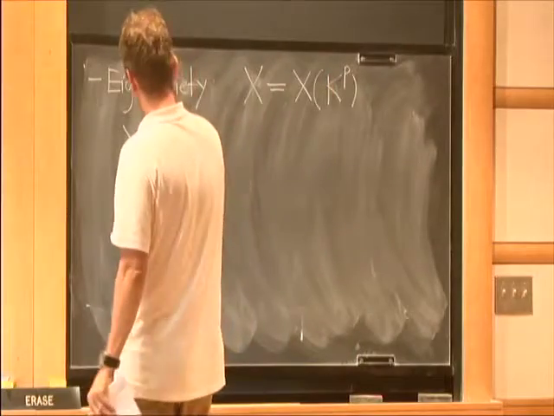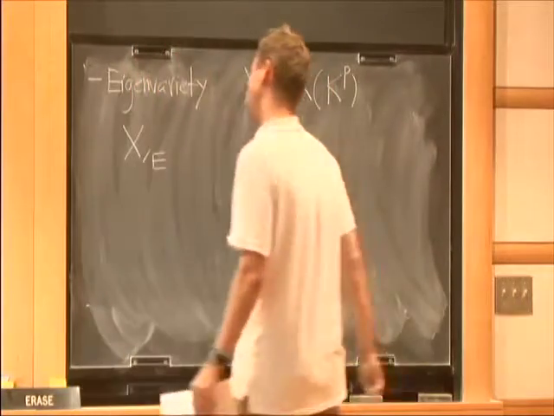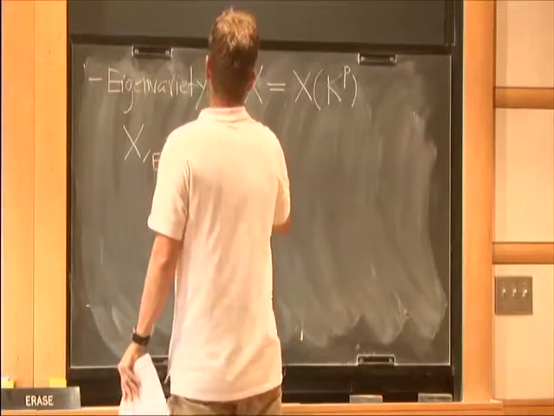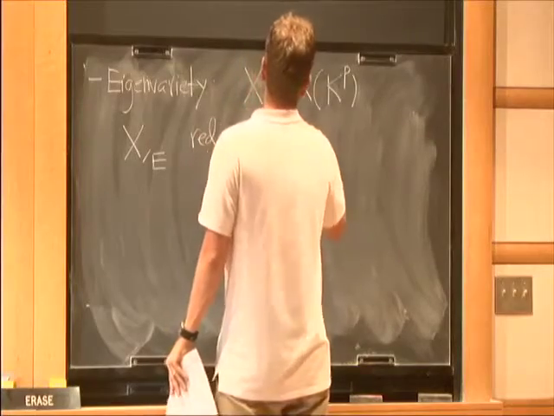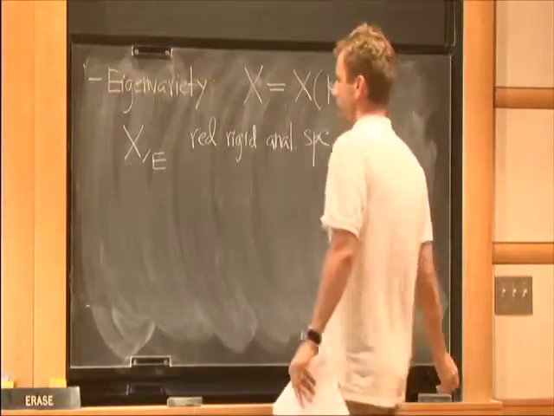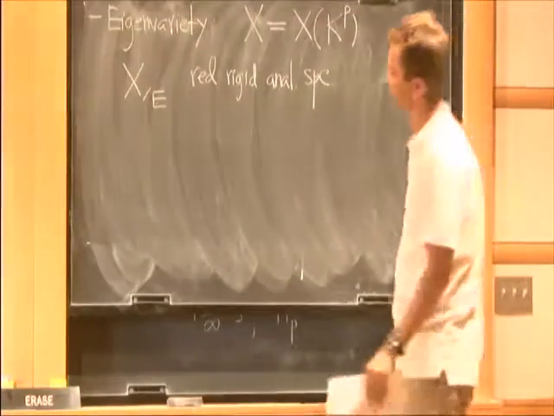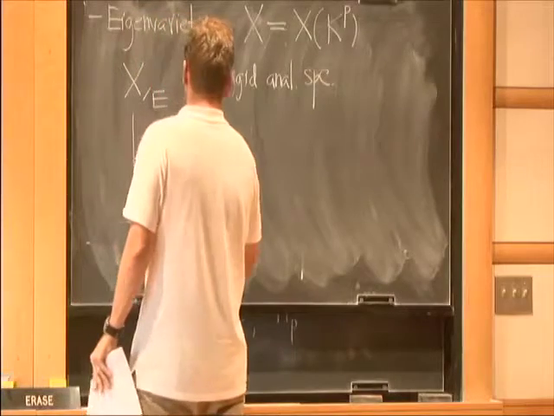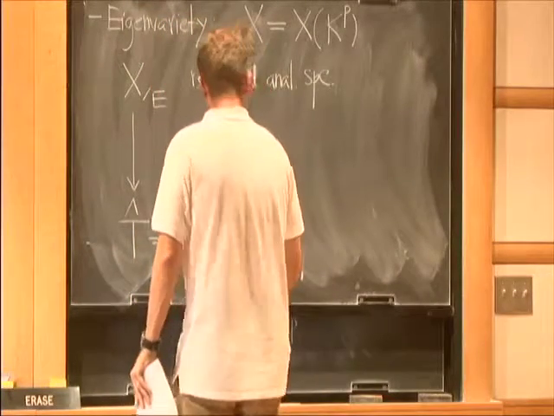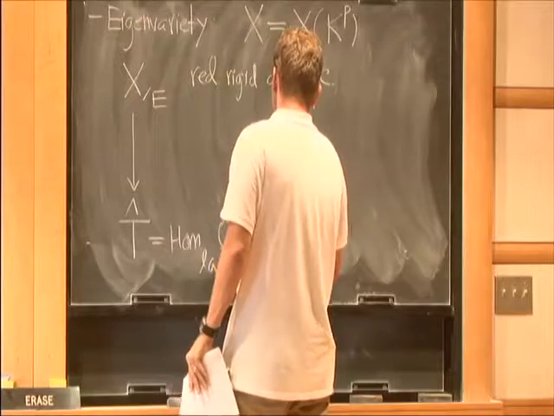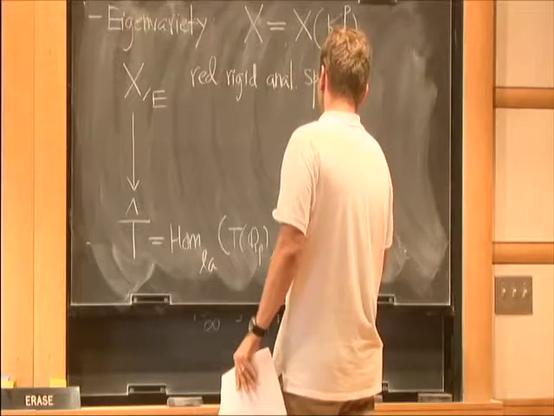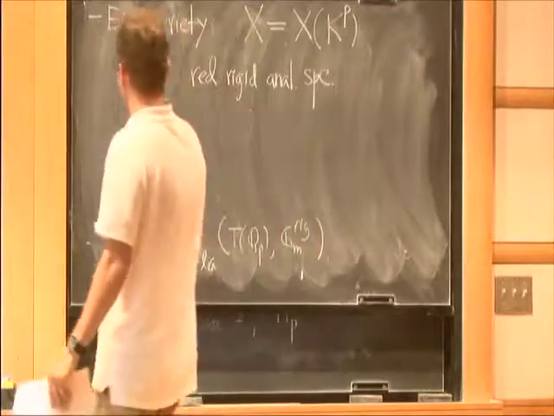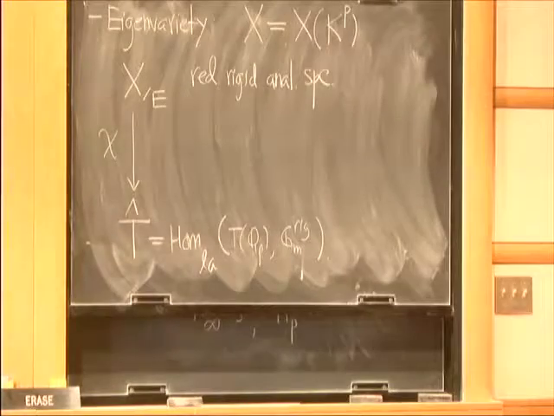So this is some reduced rigid analytic space defined over some finite extension of Q p, which sits over weight space, which parameterizes the locally analytic characters from T of Q p into G m. So this is a finite morphism. I'm going to call it chi.